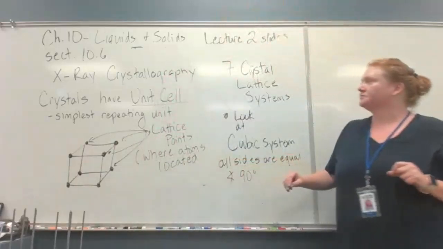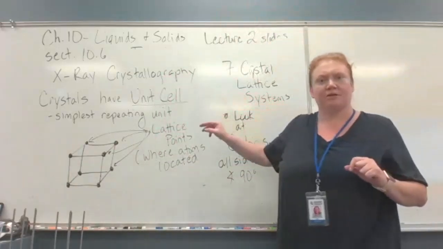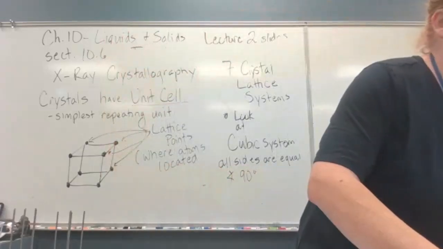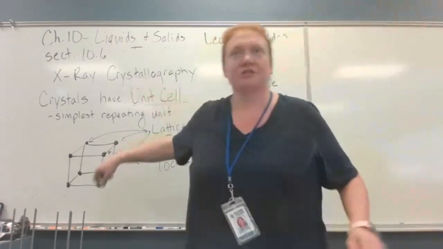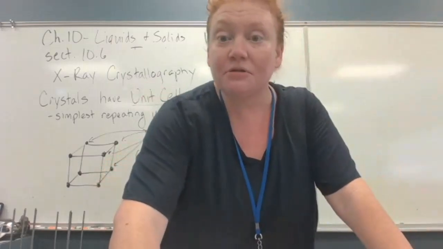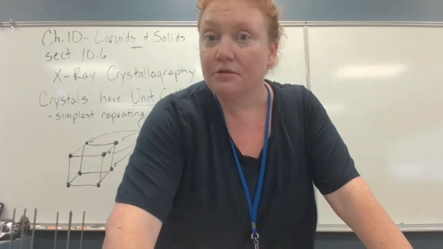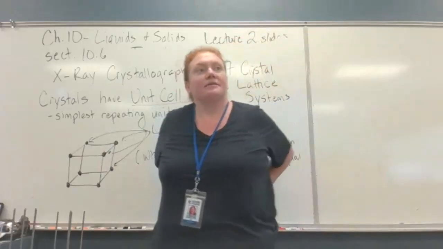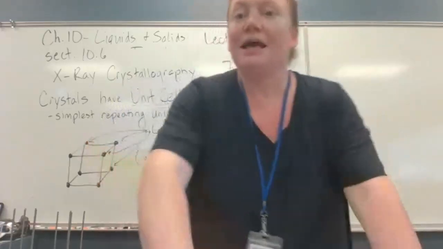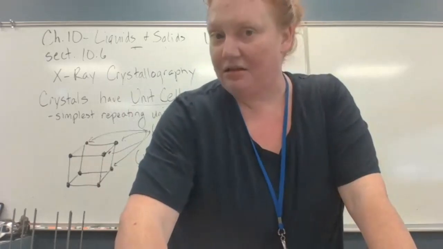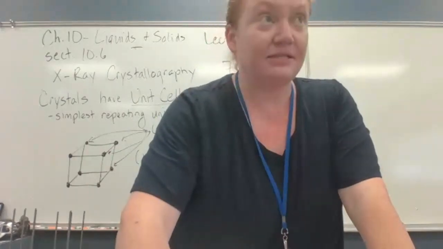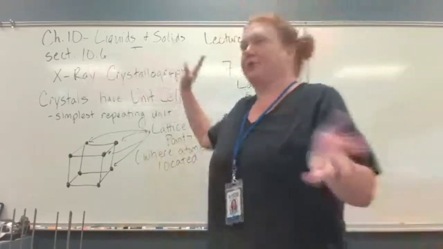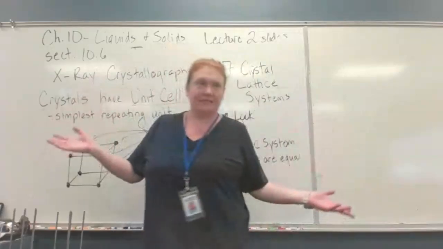So I said we're going to learn how many different cubic unit cells? We'll learn 3. The first one is going to look just like this. It's called the simple cubic unit cell. Here's an example of an element that has this particular unit cell. I do not require you to remember that polonium is the example I'm showing you. I'm just telling you that's an example.